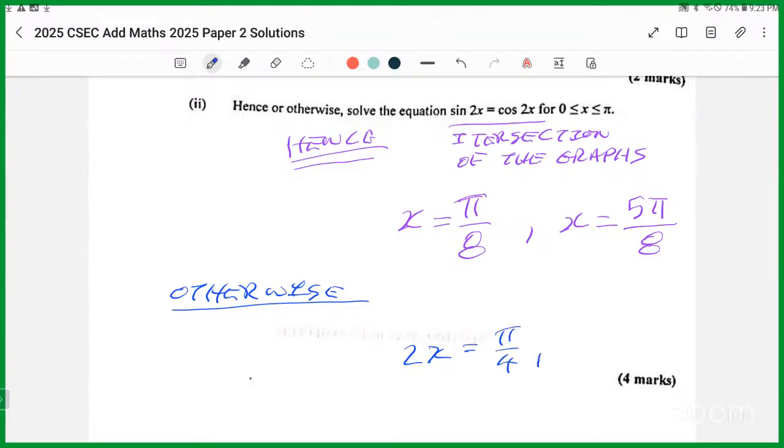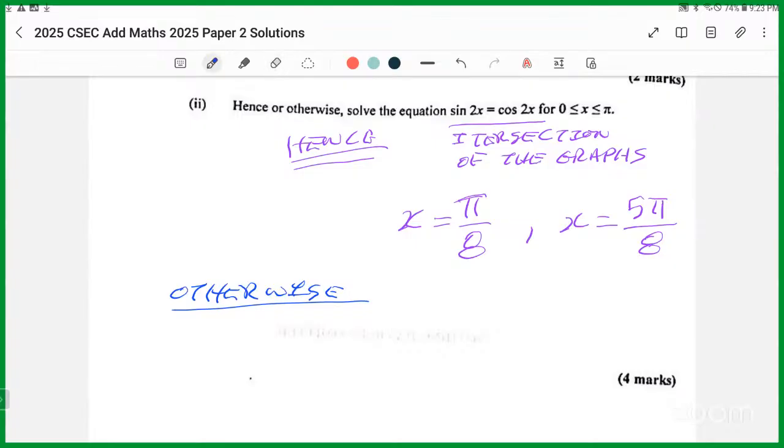The other angle would be in the second quadrant, where sine is positive. So it will be pi by 4, and in this quadrant pi minus pi by 4.